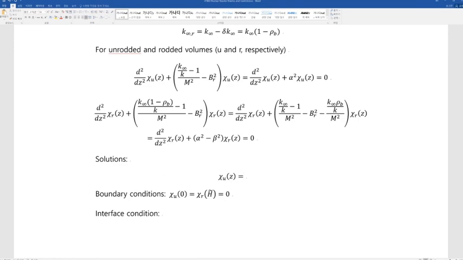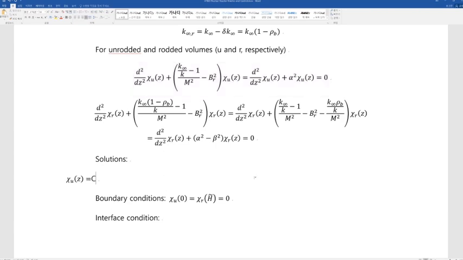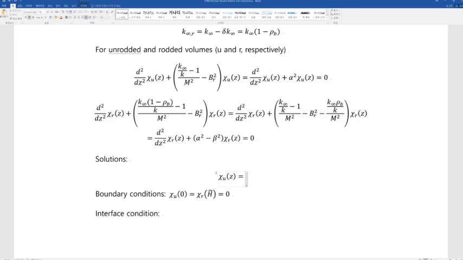So if alpha is always bigger than 0, then in the unloaded area, in the unloaded volume, the solution would be C multiplied with, in fact, sine and cosine. So if alpha is always bigger than 0, sine and cosine will satisfy that equation.